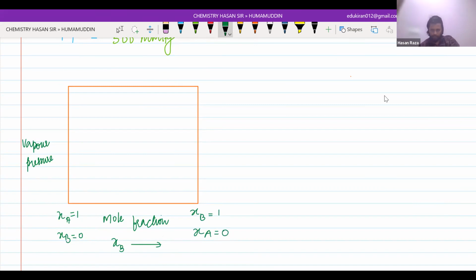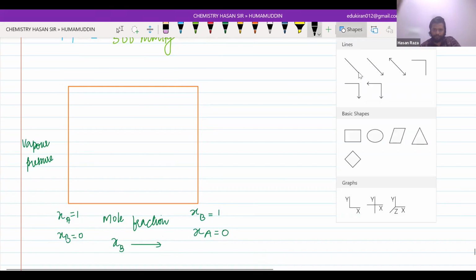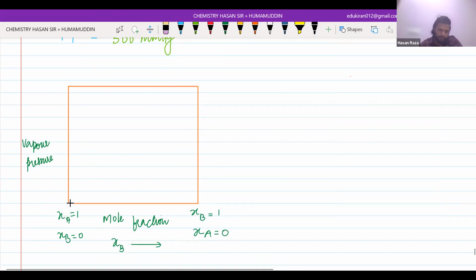Now see, you know that partial pressure is directly proportional to mole fraction. Here, chi B is 1, that means P naught B is here.